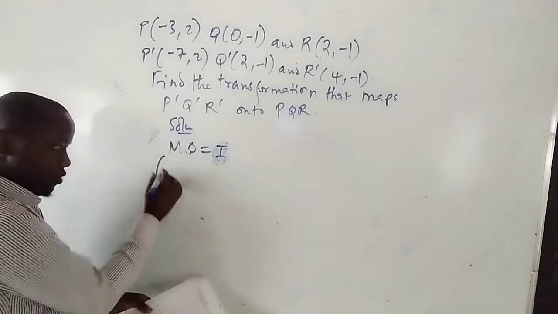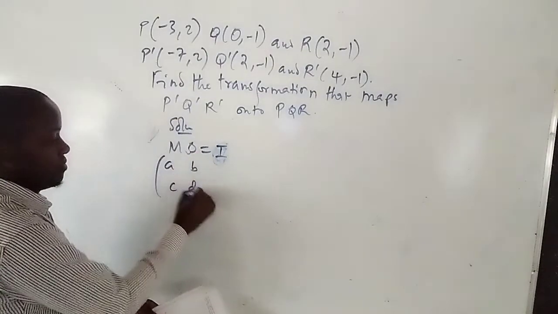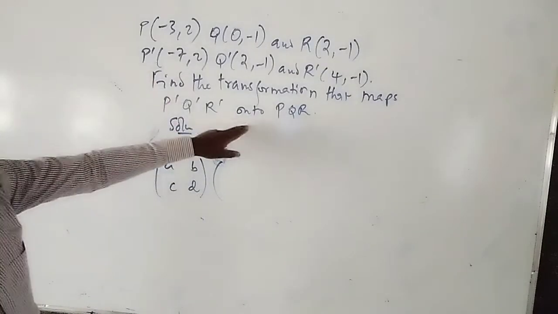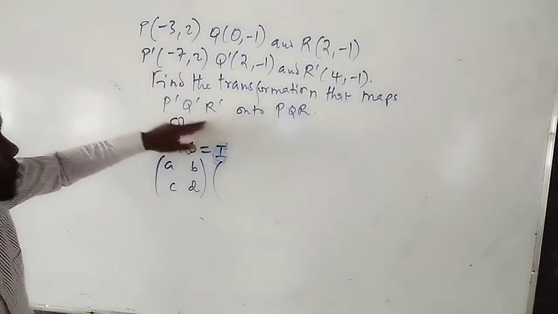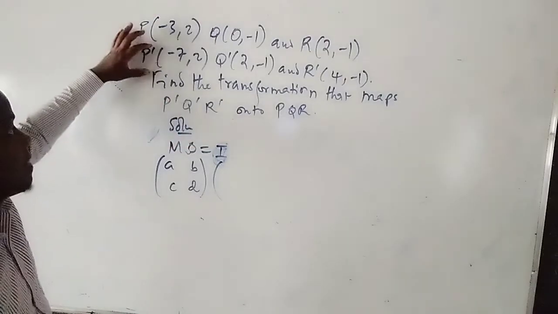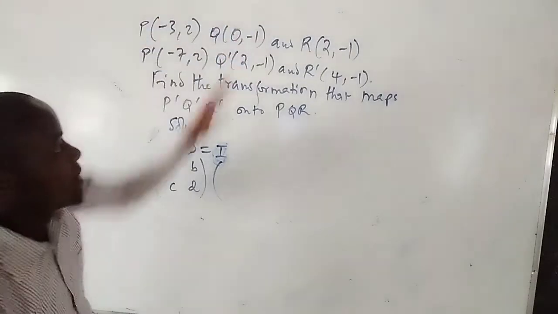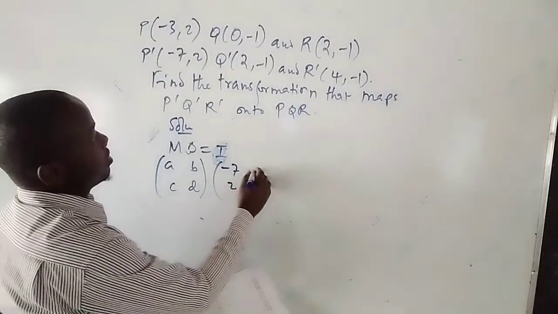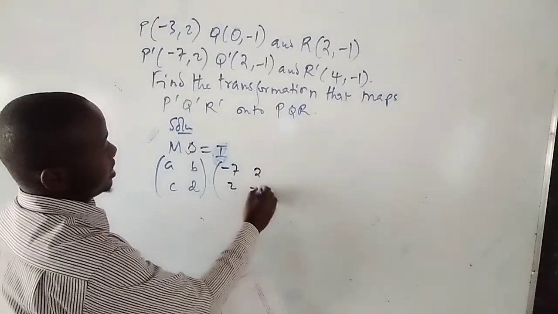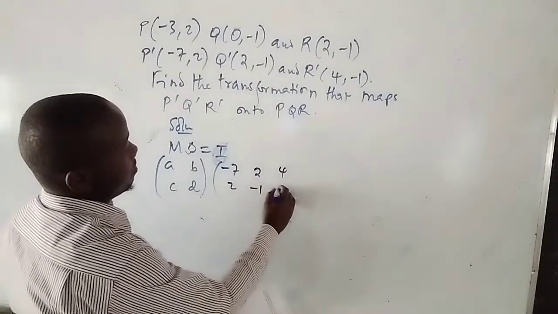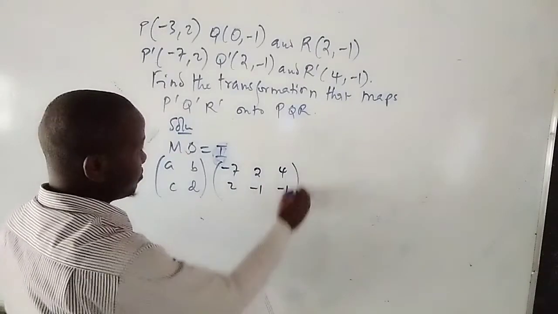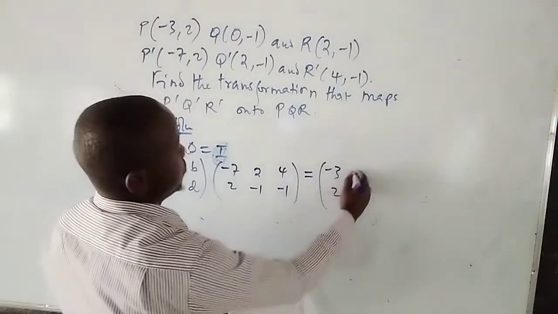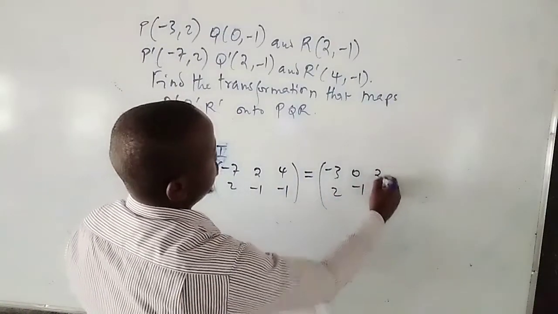Therefore, we have a matrix which we don't know. We can let it be A, B, C, D times the object. In this case now, P'Q'R' is the object because we want to map it back to PQR. Therefore, we express this as a matrix. The coordinates, we have -7, 2, 2, -1, 4, -1, should give us -3, 2, 0, -1, 2, -1.